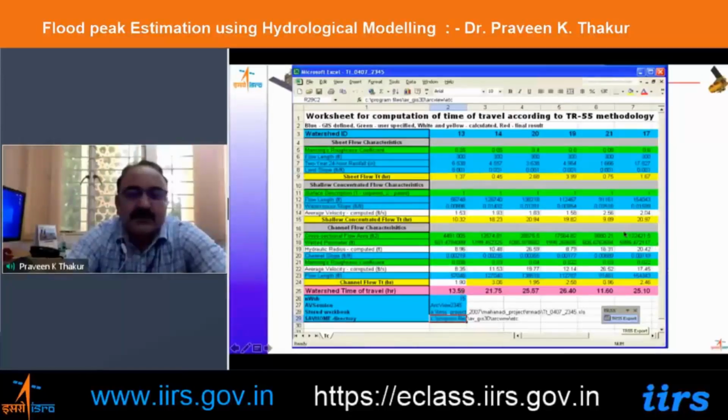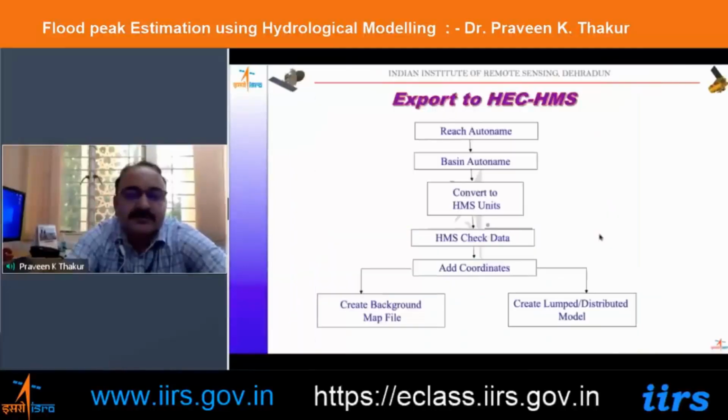So once this time of concentration is found, we can use various methods, as I told previously, to calculate the basin lag as 0.6 or 0.7 of the TC, and then later on you can calculate the Q peak also. And once you have populated this Excel sheet, you check for the units and data compatibility in various coordinate systems, and then you export.